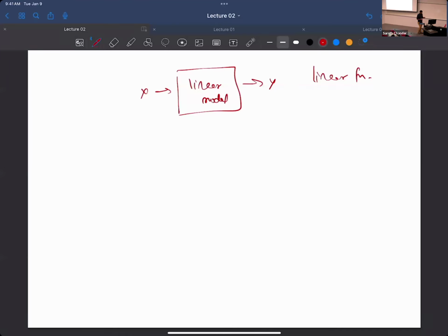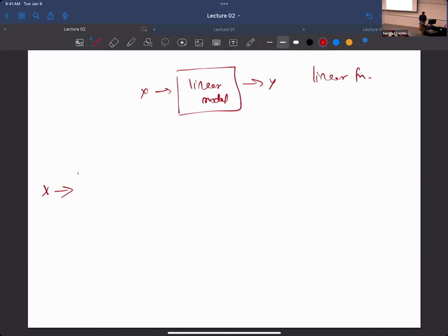Now, instead of feeding the X directly to linear regression, what we did is we created a bunch of nonlinear features, X square, X cube, etc. We're going to give a name for these features.